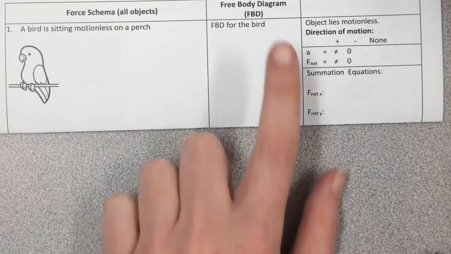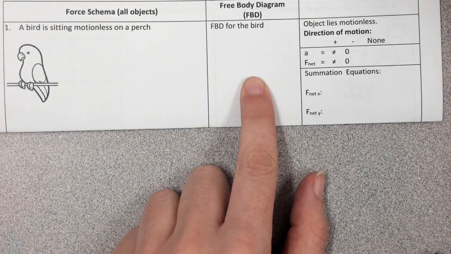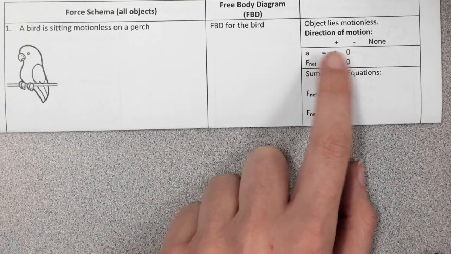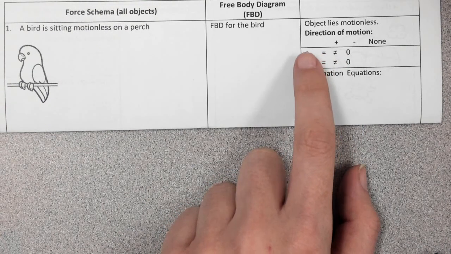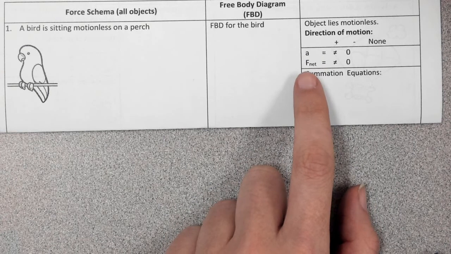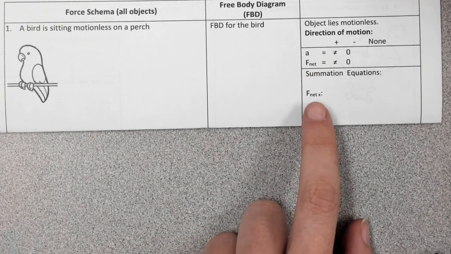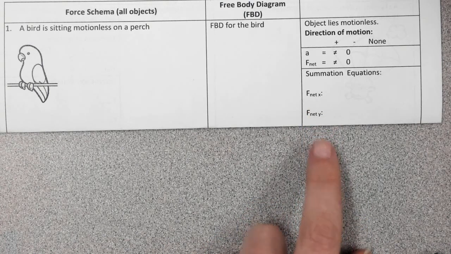So what we're doing is we're drawing the free body diagrams, deciding whether the acceleration is 0 or is not 0, and that means whether the net force is 0 or is not 0, and then writing the summation equations in the x direction and the y direction.